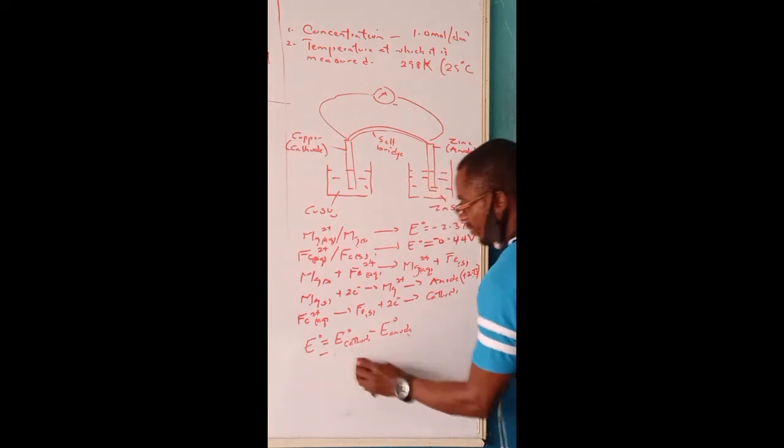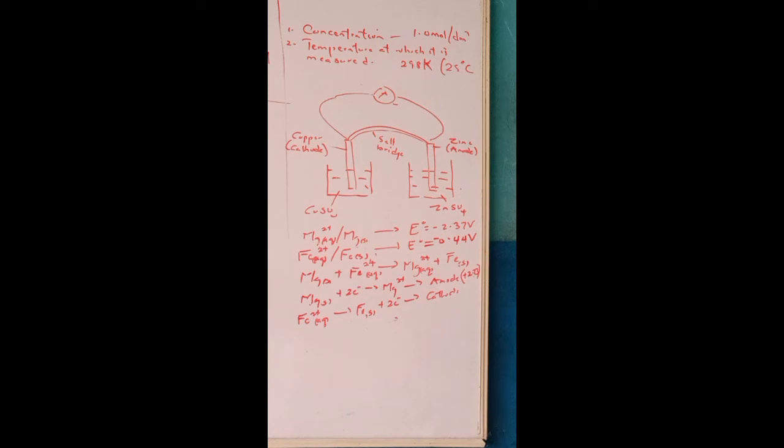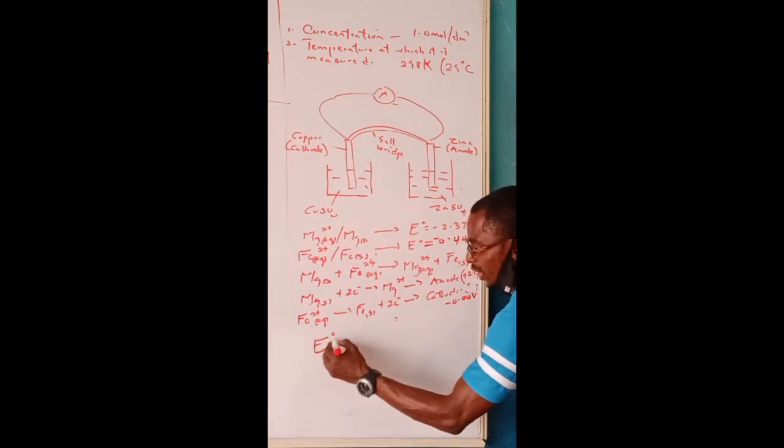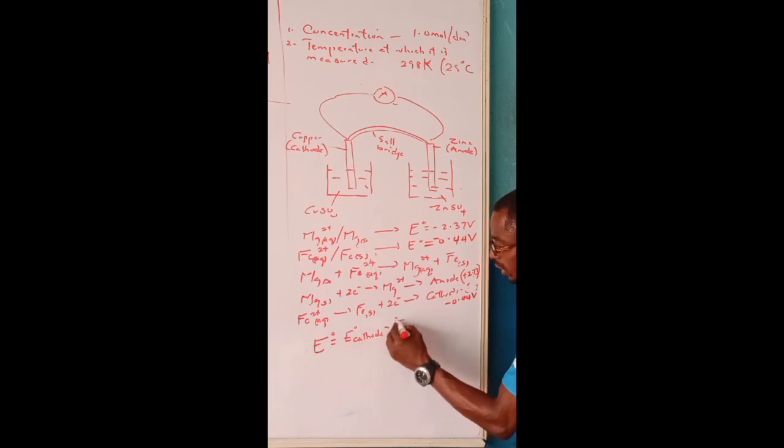So we still have it that way. Meaning the cathode will be minus 0.44. Take note: E° is going to give us E cathode minus E anode.